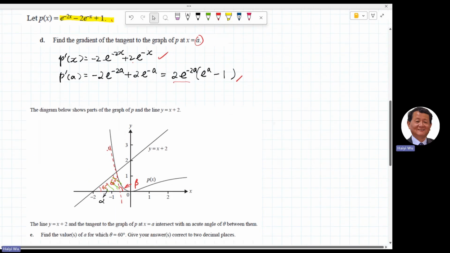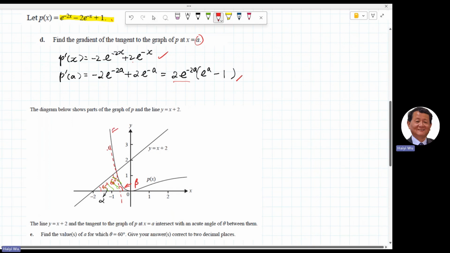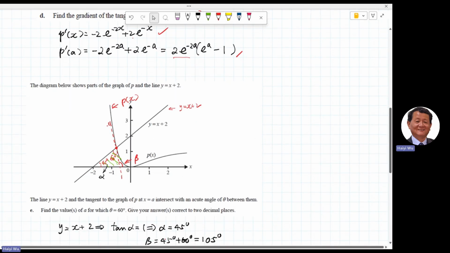All right, next question, we have drawn another graph. This one is p(x), which is the exponential function, and this one is the linear function y equals x plus 2. They join together here, so we have an intersection point.